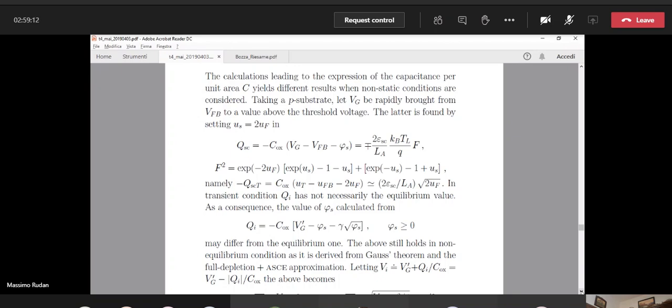What happens is very simply described. When you apply a large positive pulse to the gate of a transistor or to a gate of a capacitor whose substrate is of the p-type, you push away the holes.